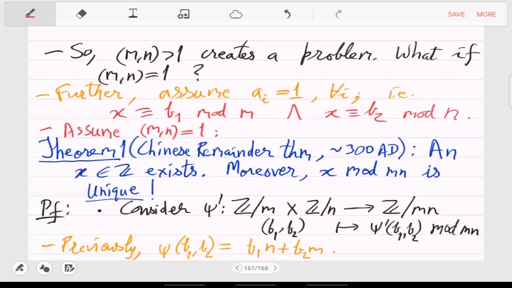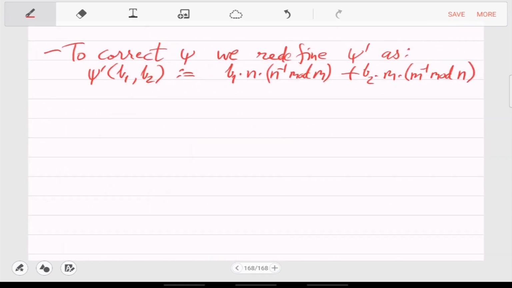But this is the reasoning, that we are slightly modifying the first construction. And then you just easily check that if you do mod m, then the second summand goes away because it's a multiple of m. And the first summand is n times n inverse, which is 1. So you get b1.